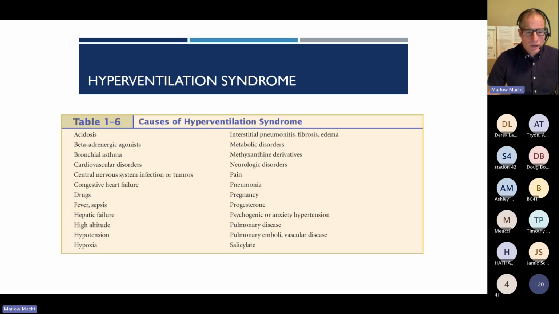Pain can cause hyperventilation, as can underlying lung disease, and pulmonary embolism can definitely cause hyperventilation as patients try to make up for the oxygen that they're not getting. An aspirin overdose, salicylate overdose, will cause hyperventilation as well. So the list is long, and it really requires excluding all of these things before you could ultimately call it hyperventilation syndrome.